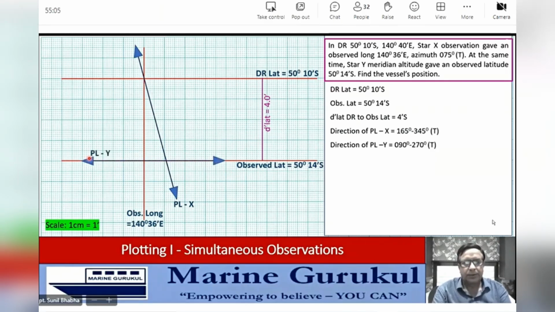So here is the PL for star Y, which should have been drawn through observed lat and DR long, but since it's east-west, it doesn't matter whether DR long is marked or not. Now the two PLs being for the same time, they intersect here. So this becomes the fix of the vessel.